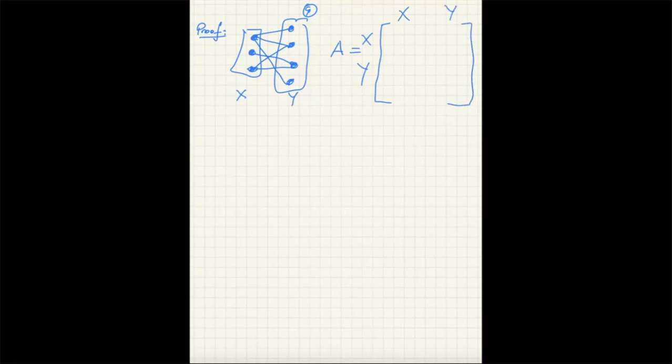And what happens? We have this kind of block form of the matrix. Here we have a 0 matrix, 0 X. Here we have a 0 matrix, say Y. And here we have some matrix B. And here we have matrix B transpose. Now note that the matrix B is not a square matrix in general.